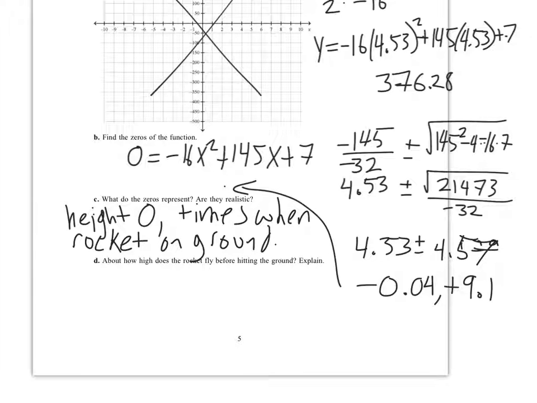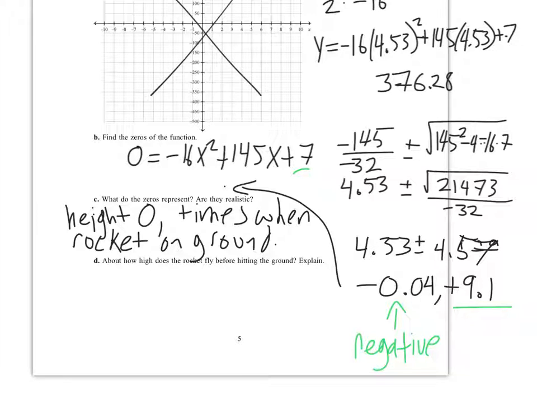The first one's negative, so the negative value doesn't really make a lot of sense. That'd be before we launch the rocket. And the reason for that is that we're launching the rocket from 7 feet off the ground.